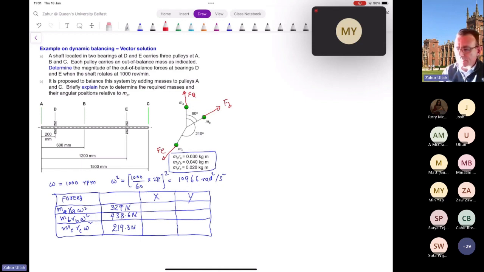Again, you can see that FA only has the Y component. The X component is 0 because it's vertical. And the Y component is again 329.